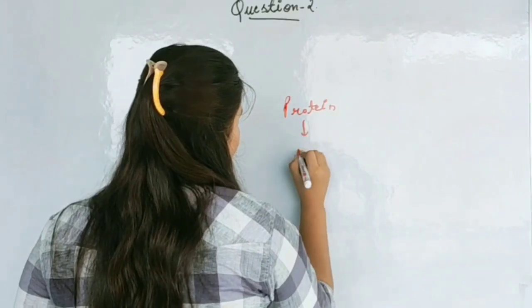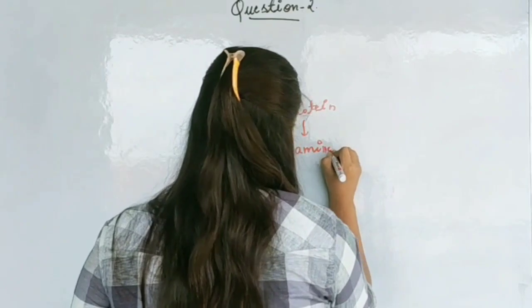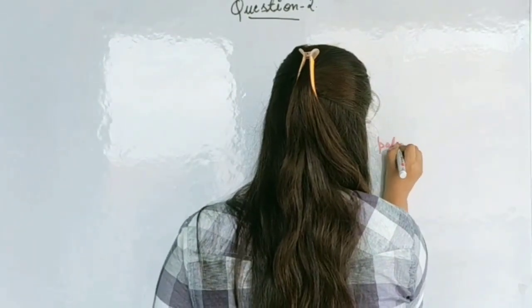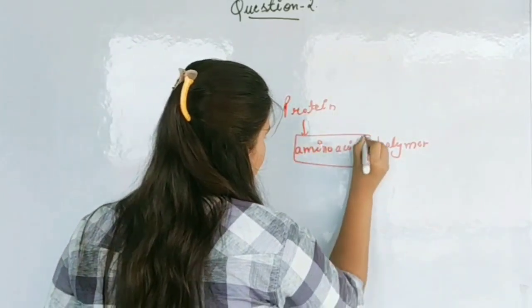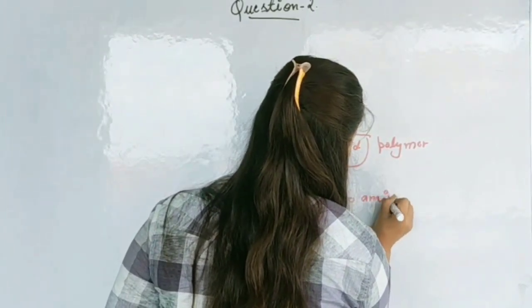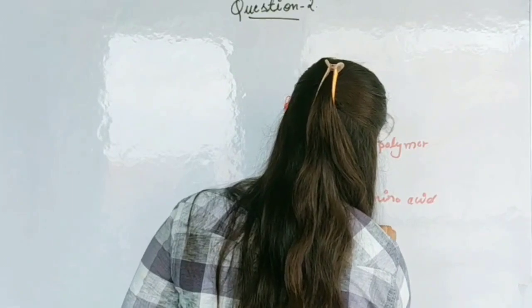We know that proteins are amino acid polymers, and there are 20 amino acids present.